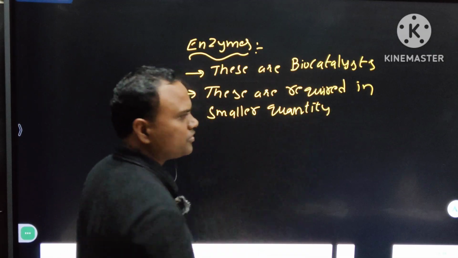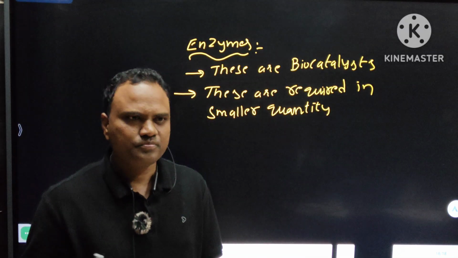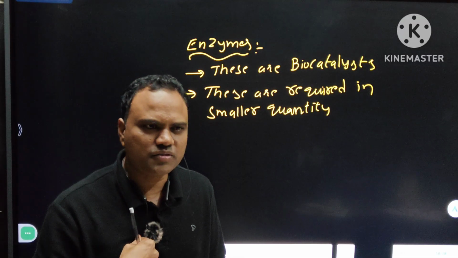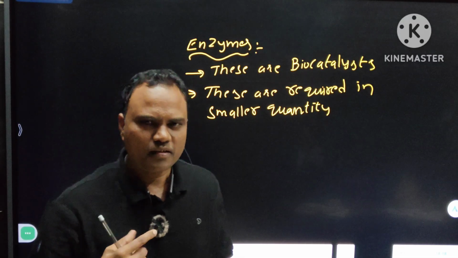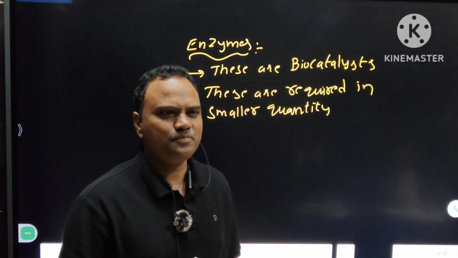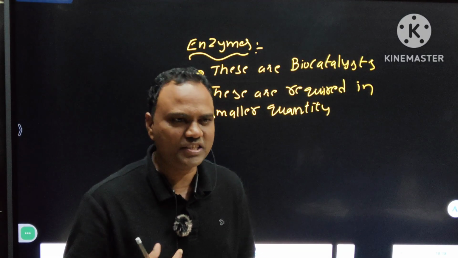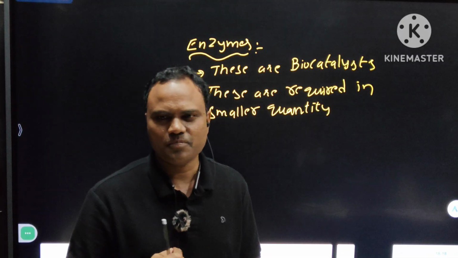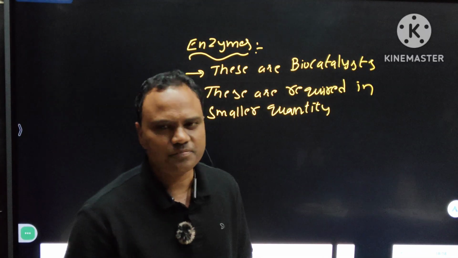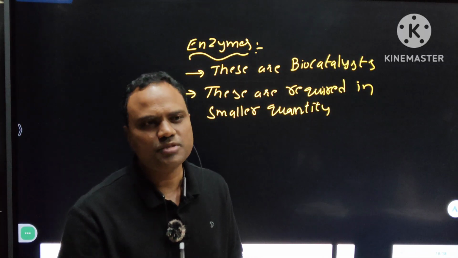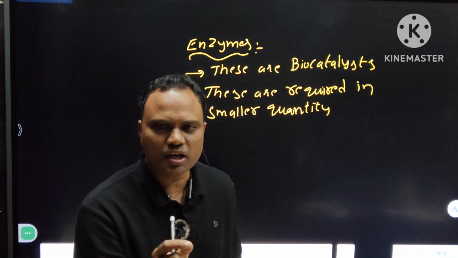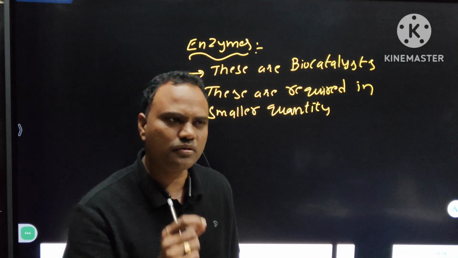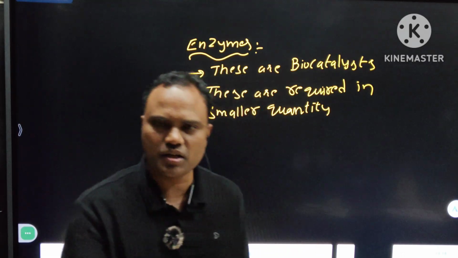And very, very important, you tell me, digestion of food is one chemical reaction. Respiration is one chemical reaction. Clear? Can we use the enzyme which digests food for the respiration process? Cannot. So enzymes are specific. For a specific biological reaction we use a specific enzyme. These are specific for a particular substrate and particular reaction.